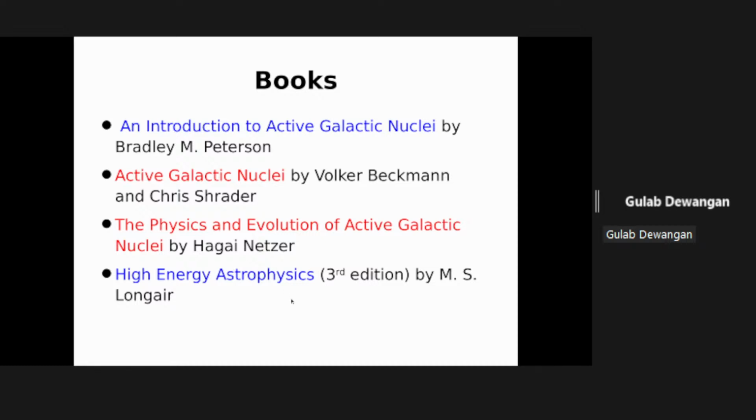Many of these things, particularly related to compact objects, white dwarfs, neutron stars, stellar and supermassive black holes, if you want to understand more about that, then this book by M.S. Longair on high energy astrophysics is a very nice book, and one can follow these textbooks.